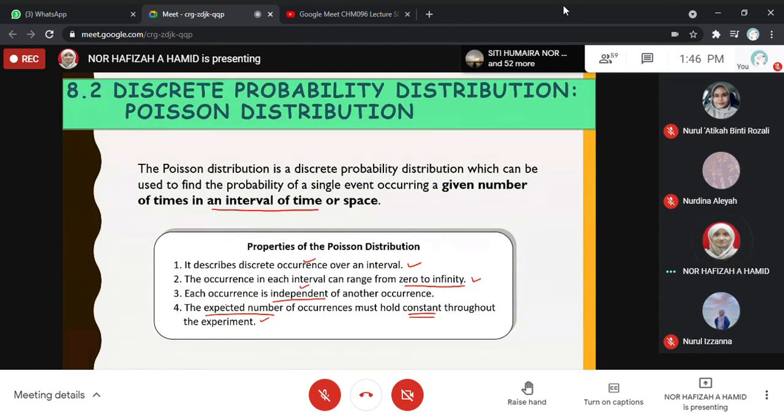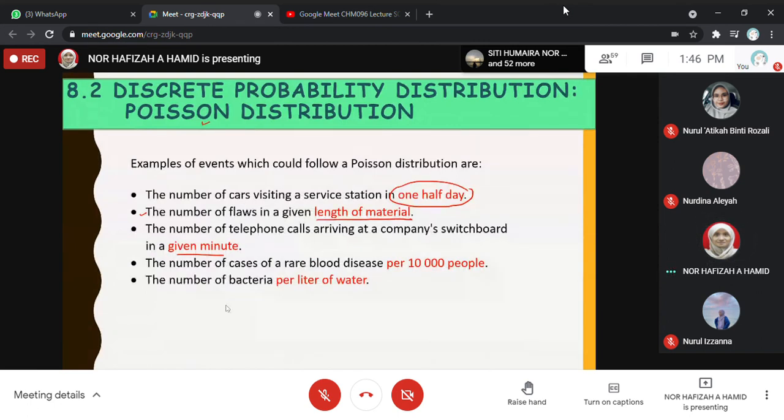Then the examples: events which follow a Poisson distribution. If you look, all these examples are given in the form of an interval. For example, the number of cars visiting a service station, given in 1/2. For a usual binomial it just says the number of cars visiting a service station, but for Poisson it adds a range. Likewise, the number of flaws in a given length of material gives you an interval.